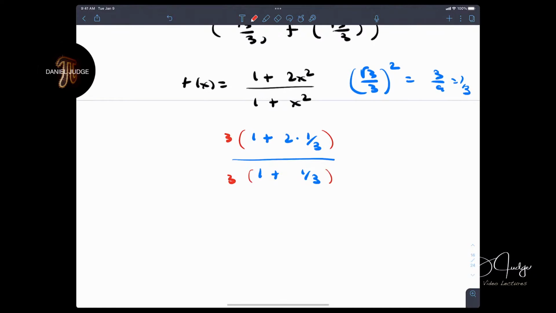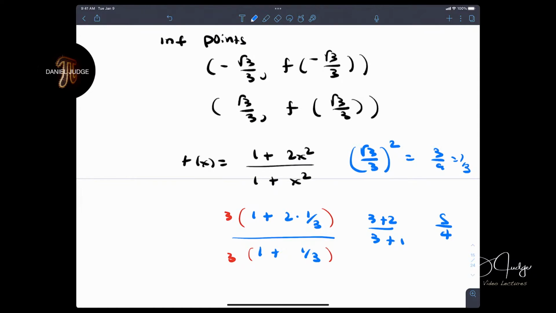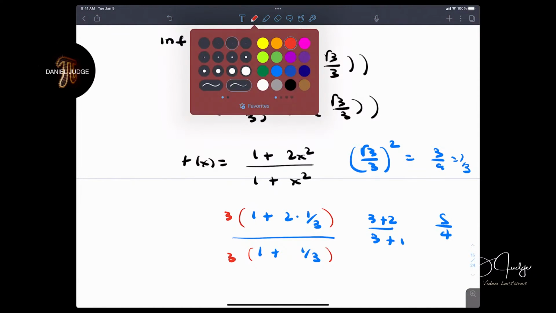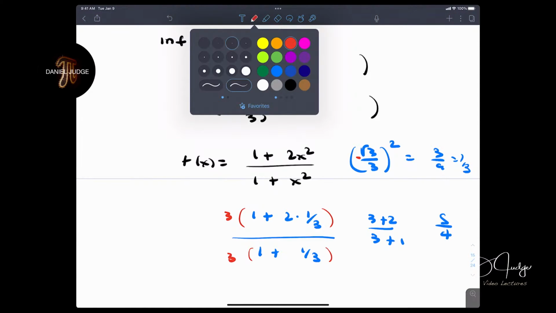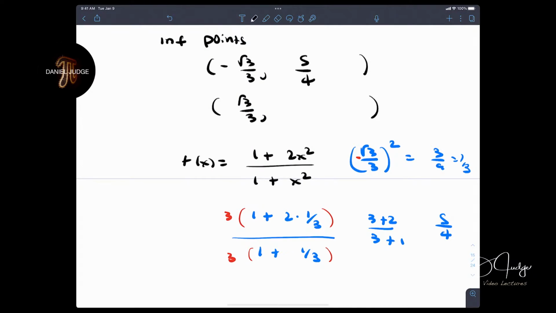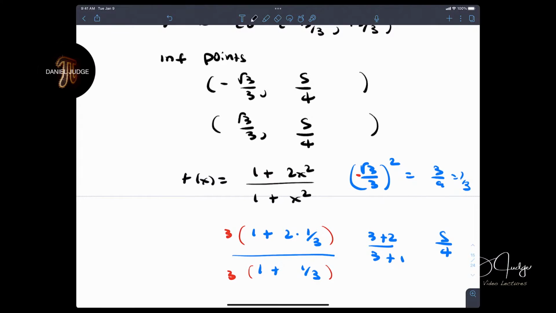Gives you a rough idea. 3 plus 2 over 3 plus 1, so it's like 5/4. And it doesn't matter if it's negative because you're squaring it. So this will be 5/4, ladies and gentlemen, for both of them. And 5/4 is 1 and 1/4. So you can plug that in and you get the exact inflection points, 5/4.